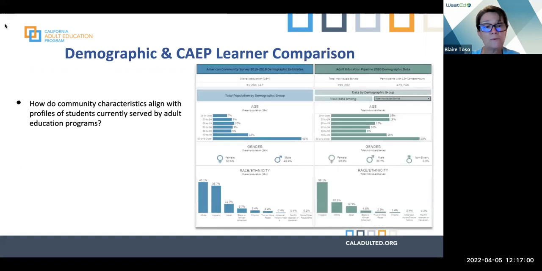Next slide, please. We also decided to include this year a few extra tabs, and one of these is the comparison between the ACS demographic data for your consortium and your CAEP learner comparisons. While we know that this is a light touch, it gives a snapshot view of differences or areas that you might want to concentrate on or just look at.